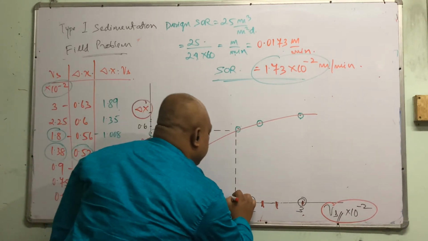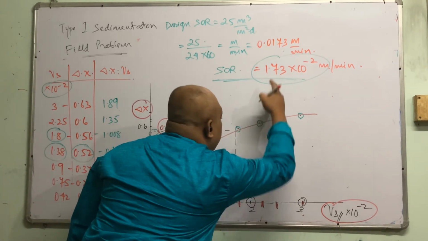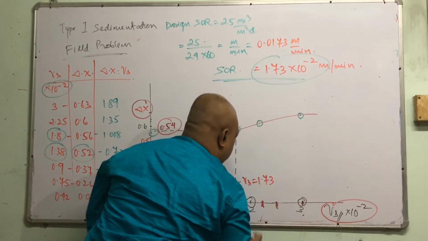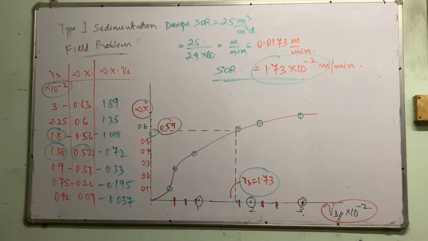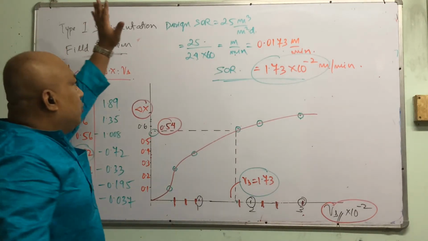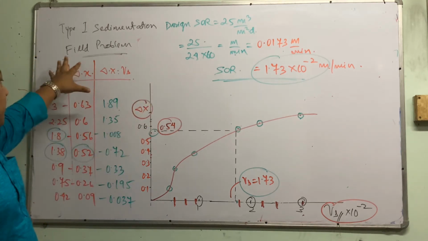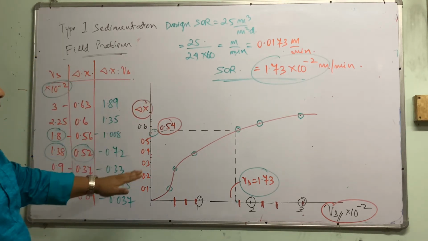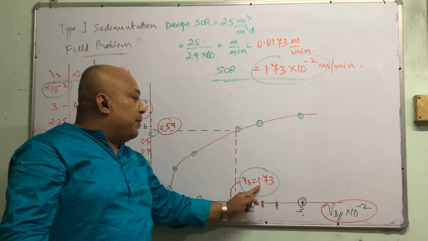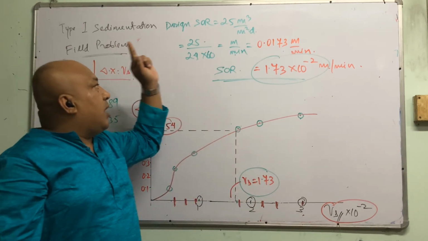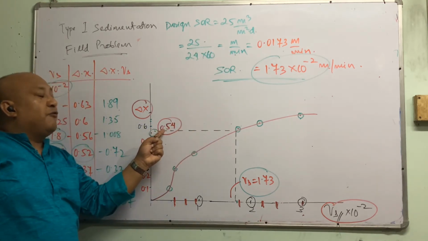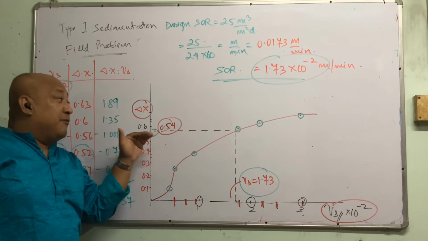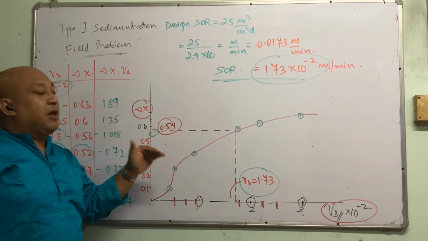And this is equal to 1.73. Is it clear? So from our experiment, for water of such characteristics, we have drawn the diagram. We have observed that at a settling velocity of 1.73, or SOR of 25 meter cube per meter square per day, the removal will be 0.54. I mean, 0.54 will be left.